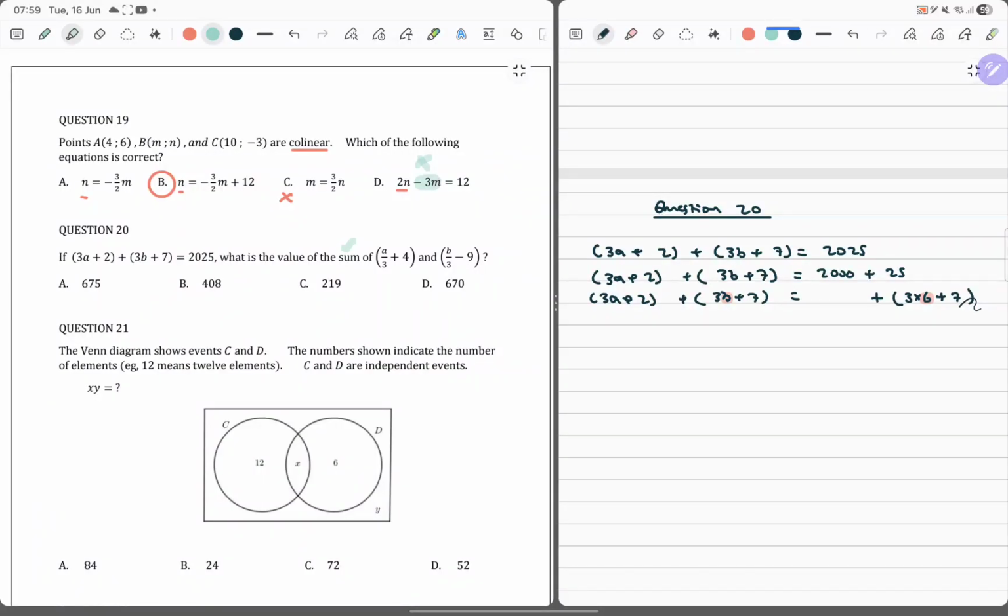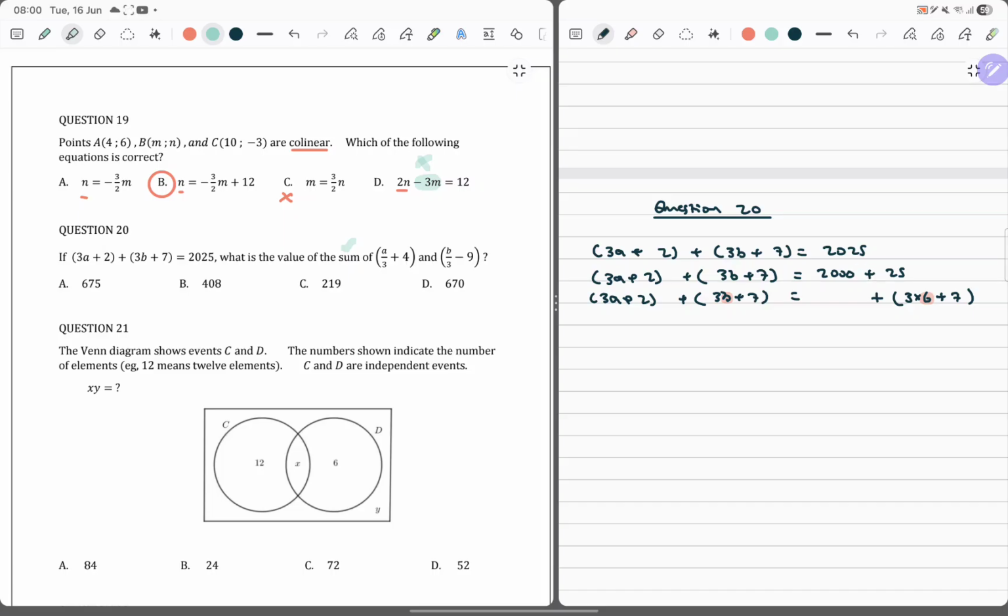That one looks right, because 18 plus 7 is 25. 2 goes there to 20, and then the 5 is 25. Okay, cool.